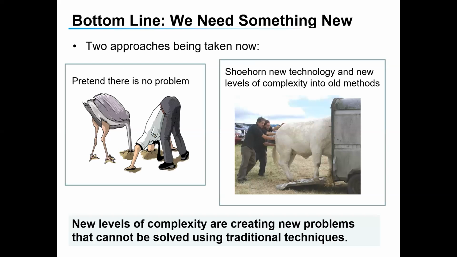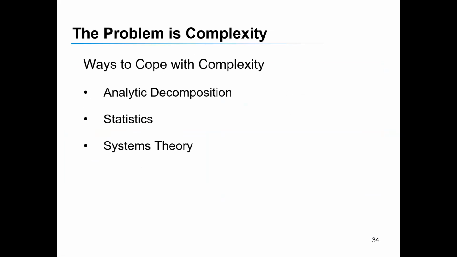The bottom line, we need something new. We can't just pretend there's no problem or try to shoehorn the new technology and new levels of complexity into those very old models. It doesn't work. The solution requires a paradigm change.